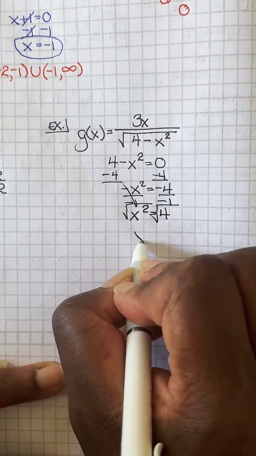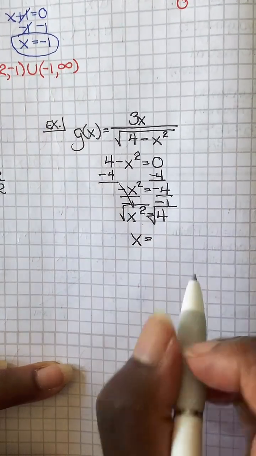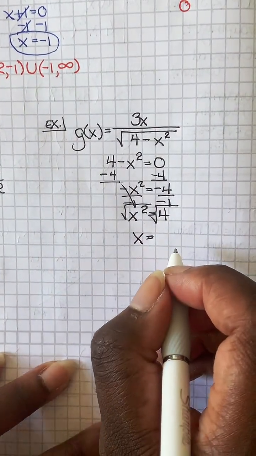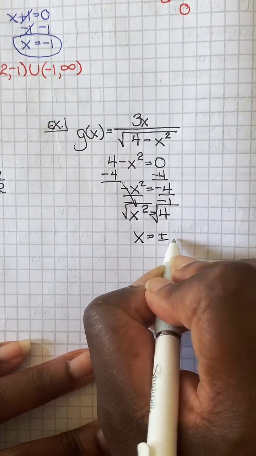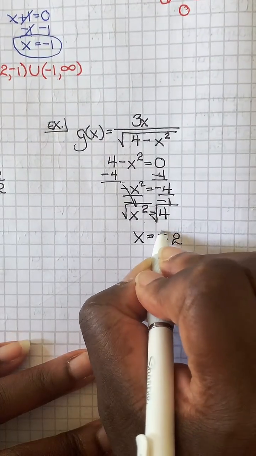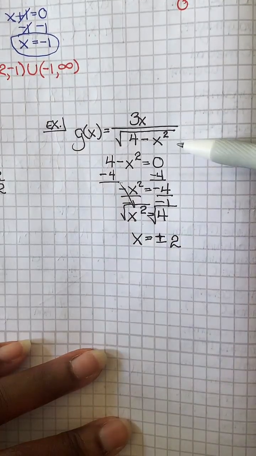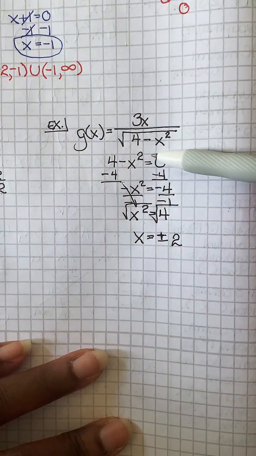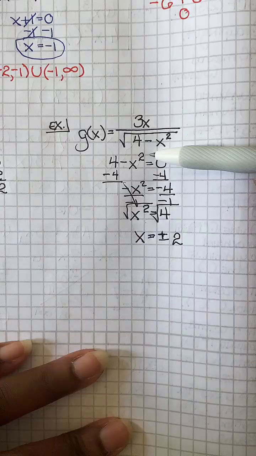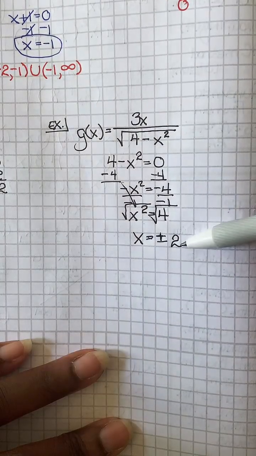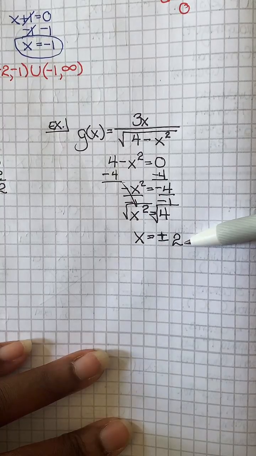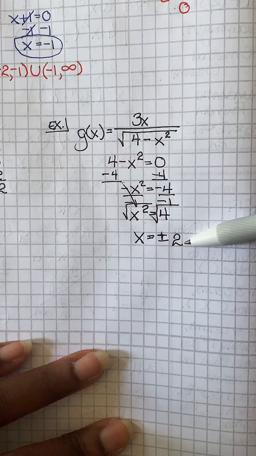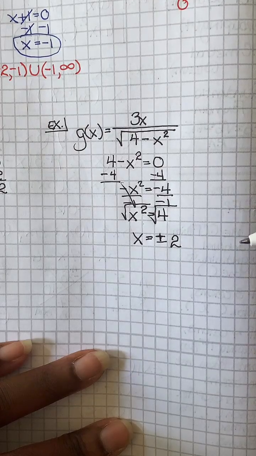So it gives us x is equal to what? Plus or minus 2. Okay, if we have a square, that means we need to give 2 solutions. If you just say positive 2, you're just giving 1 solution. You need to give 2. All right, so it has to be plus or minus. There you go, Zach, thank you.